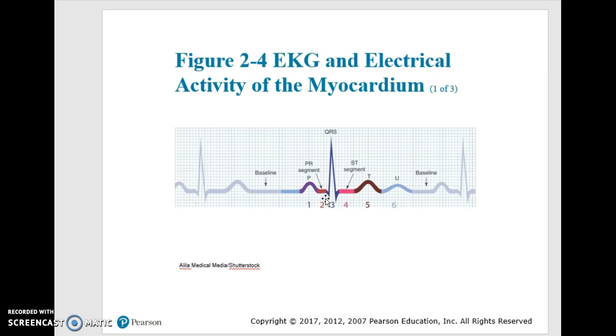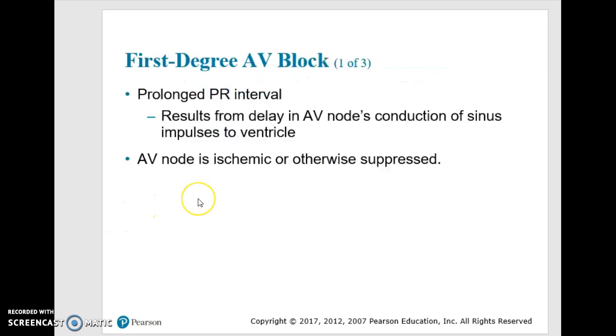So when we're talking about heart blocks, this is the area on the strip that we're going to first look at. Going back to a first degree AV block, we know that the PR interval is prolonged, okay? And this is a result of that delay that occurs in the AV node or the bundle branches.